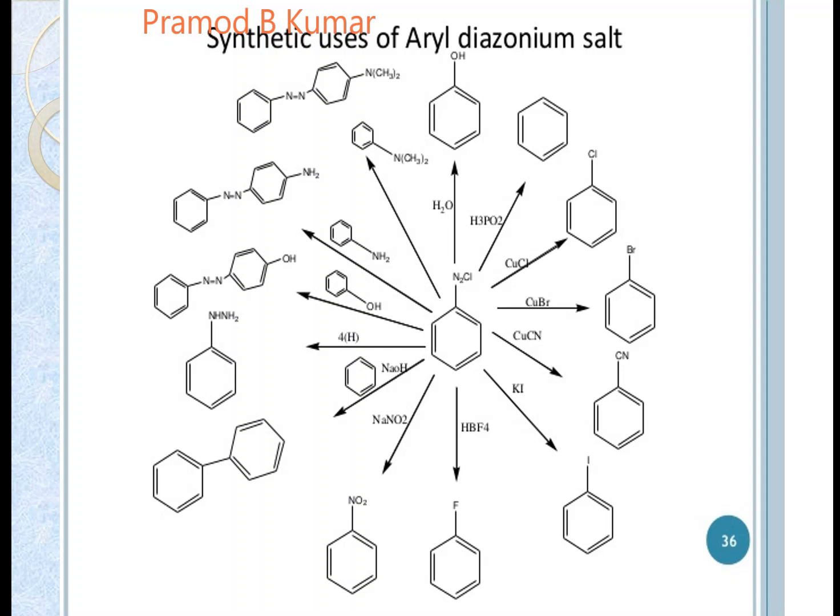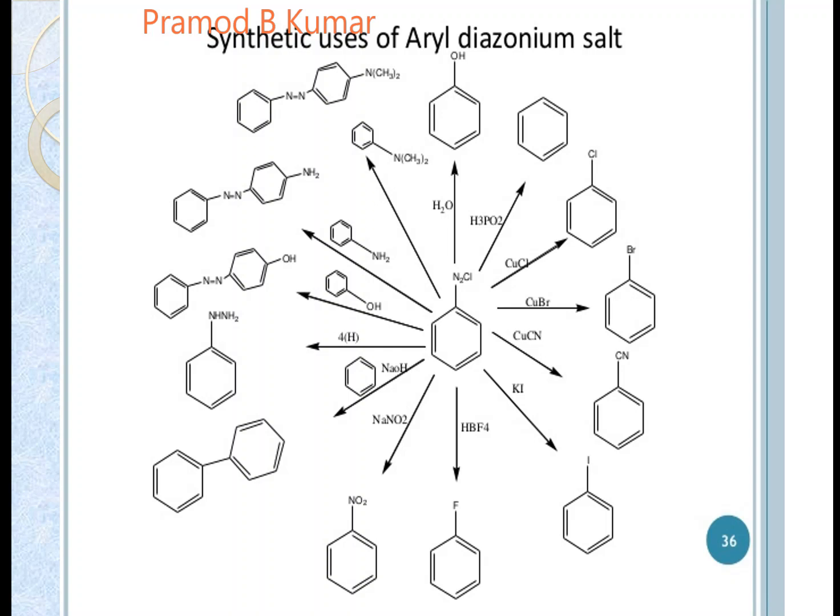They can also undergo coupling reactions, and we get a diazo compound. Various dyes are prepared using diazonium salts. I'll be explaining it in detail later on, but these are some of the reactions. You can see a lot of dyes can be prepared. If you reduce it, you get a hydrazine.